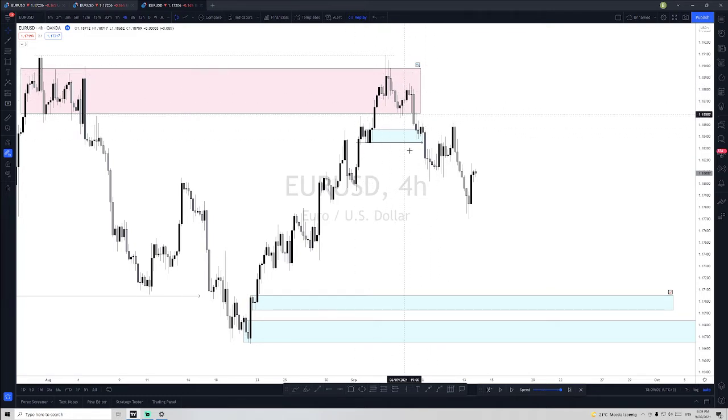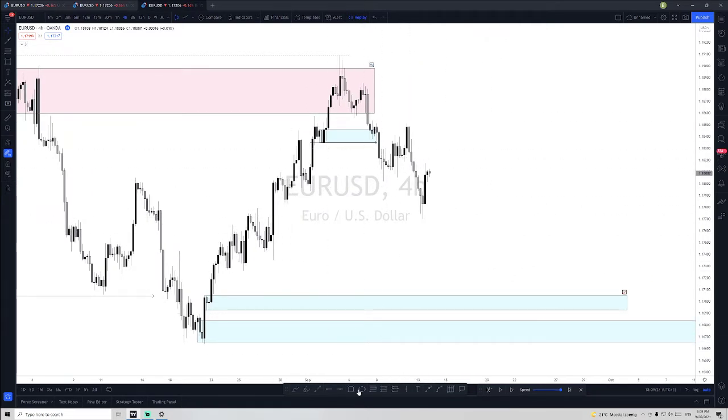It would have only caused a reaction, and then we would have continued to trade the upside, but it didn't. So this daily supply was strong enough to eventually break the structure to the downside, and now it gives us a reason to switch our position from bullish to bearish.